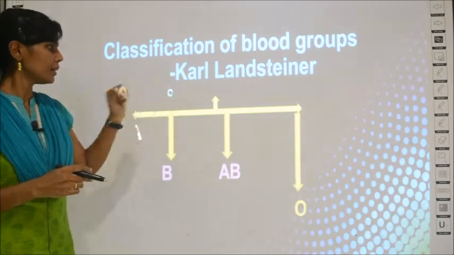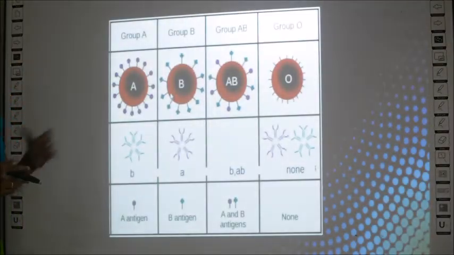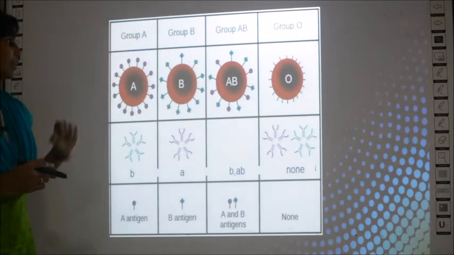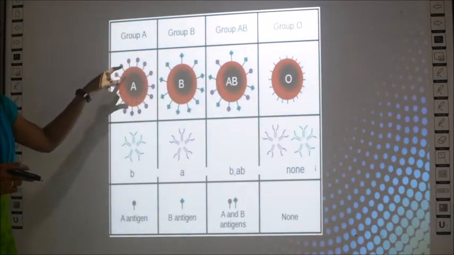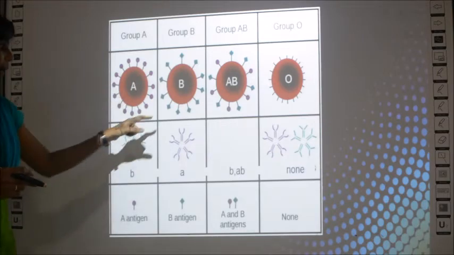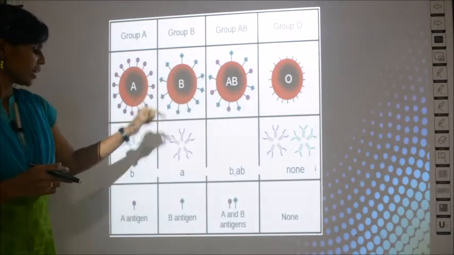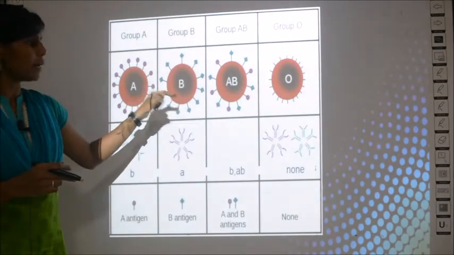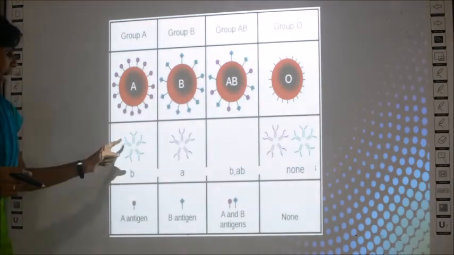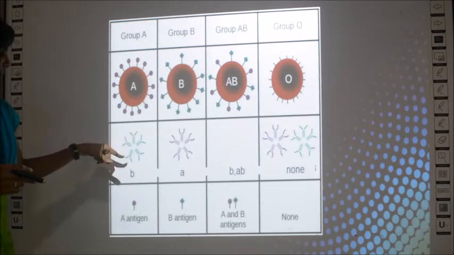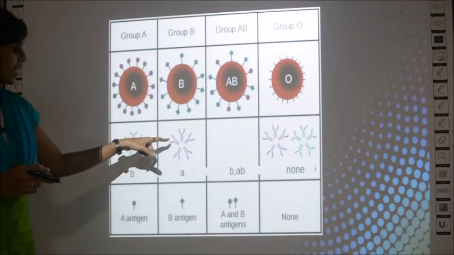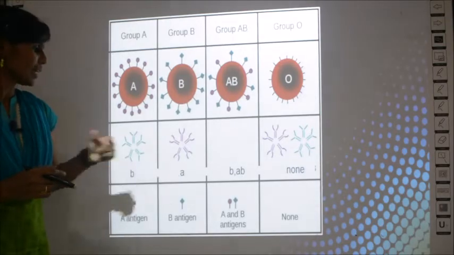So how are these blood groups typed? A person with A blood group will have antigen A. See, these circles, which are pink in color, are all antigen A, and these square shaped green ones are all B antigens, and the one with this structure is B antibody, and the one with the semicircular structure is A antibody.